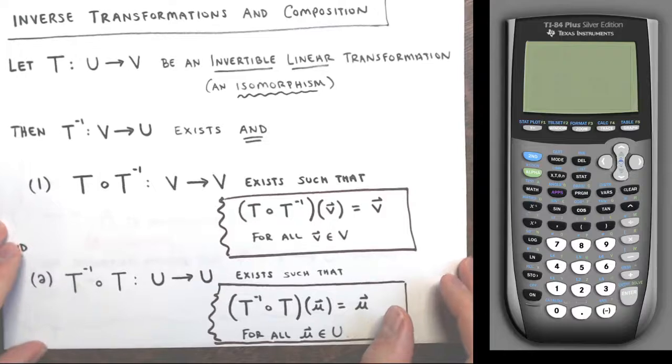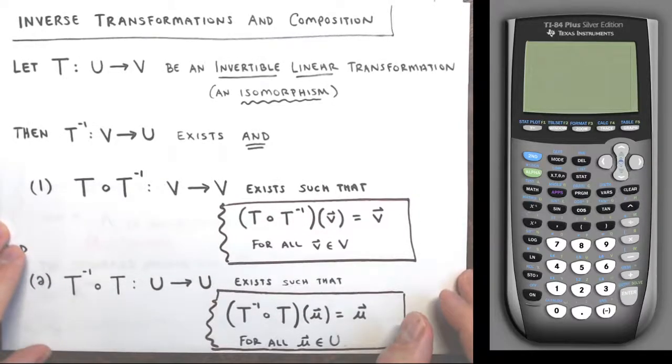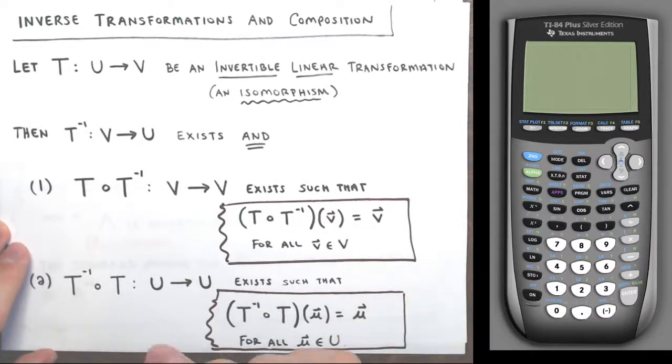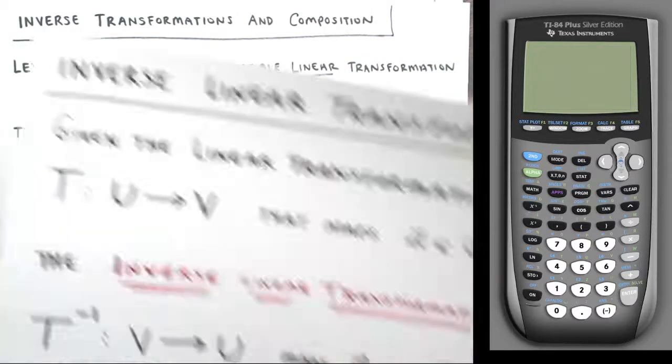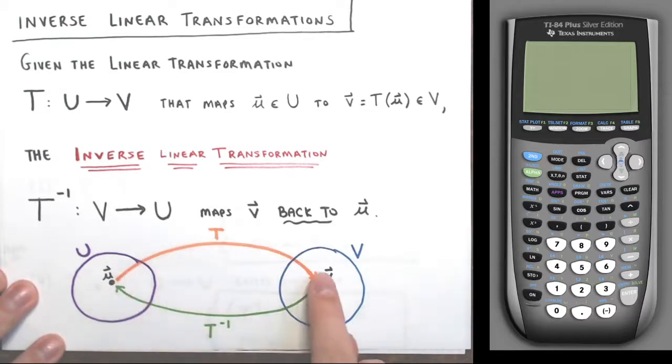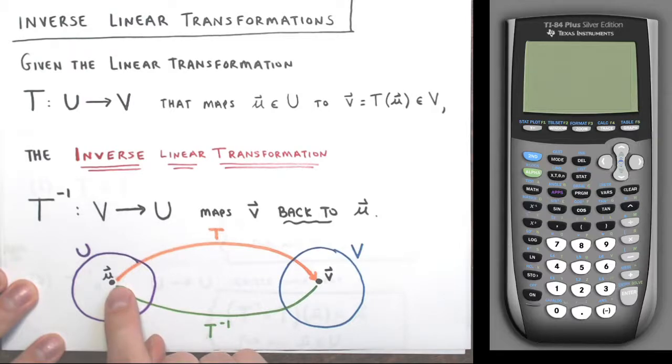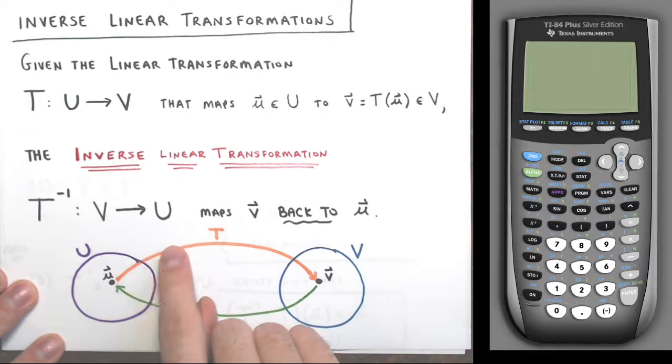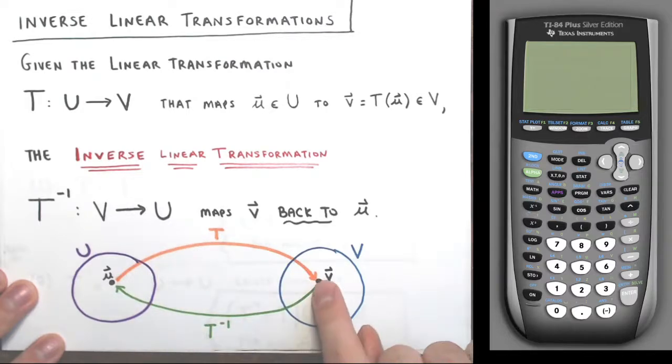And we saw this on the very first page. Remember how I talked about this picture, where when you undergo a transformation and then its inverse, you're going right back to the vector you started from? When I apply transformation T, I get to v, and then I apply transformation T inverse to that and get to u.